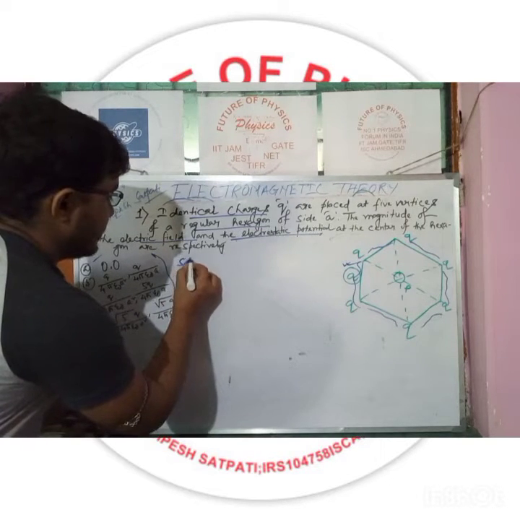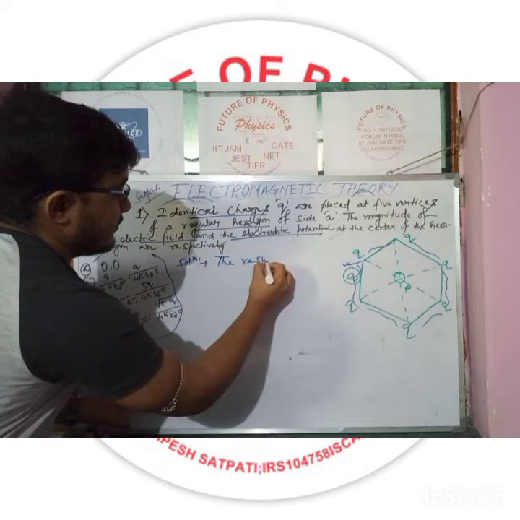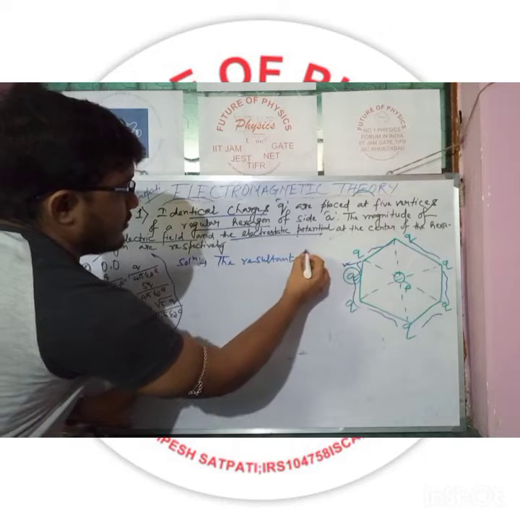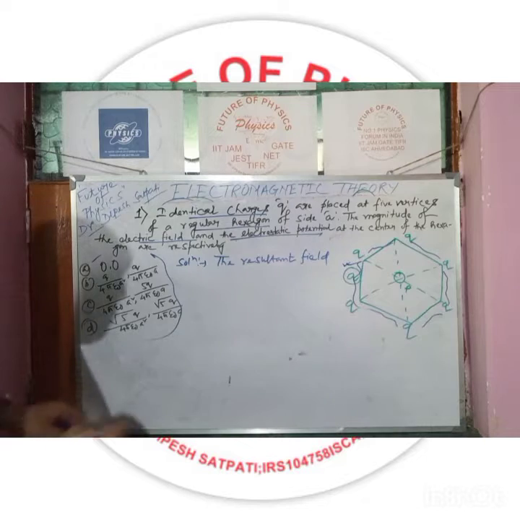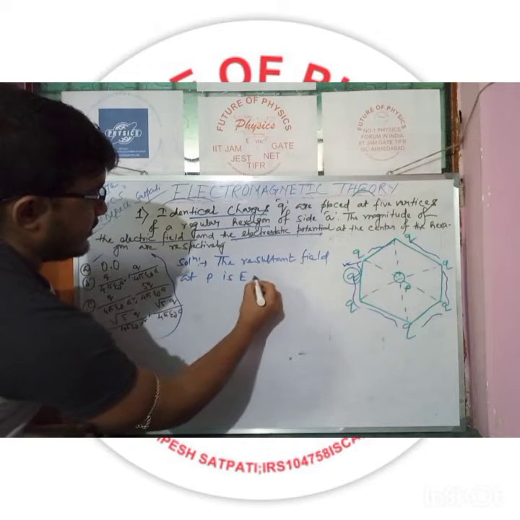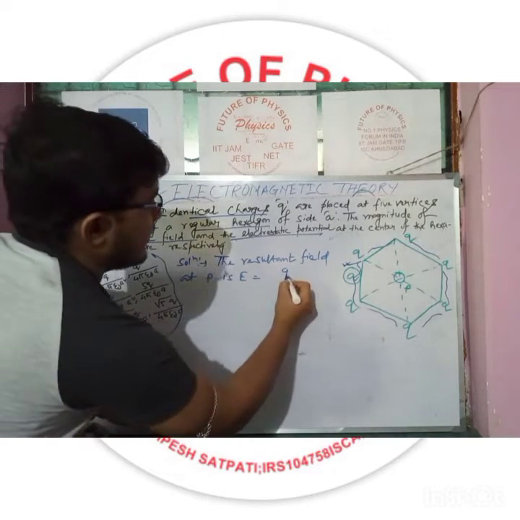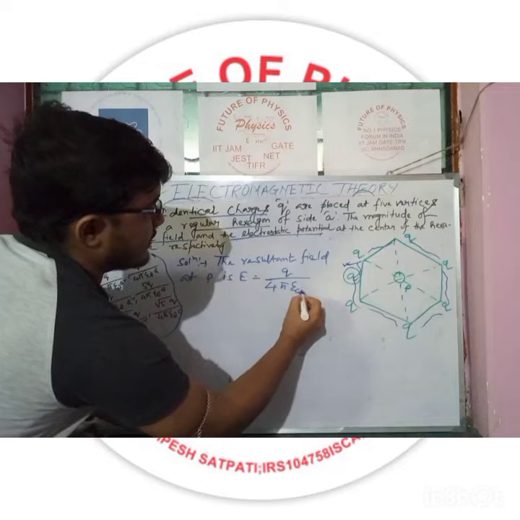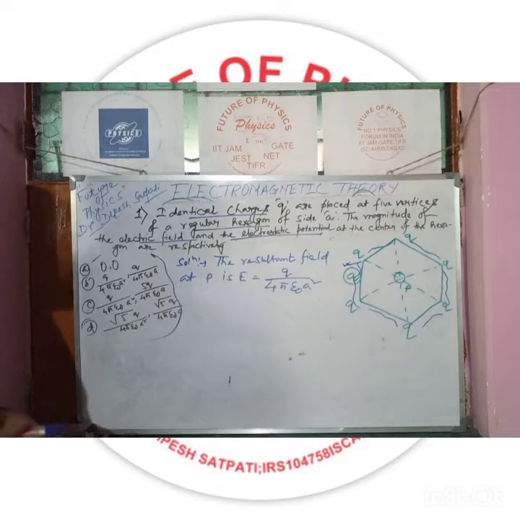Now we know that the resultant field at P is E, equal to Q by 4 pi epsilon 0 a square.